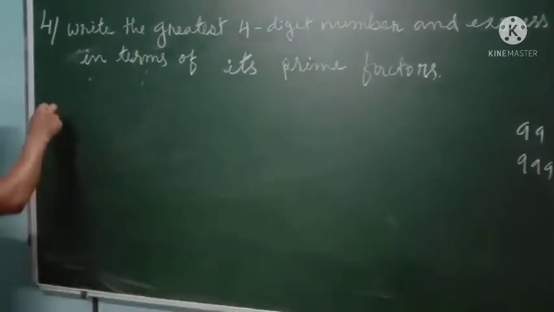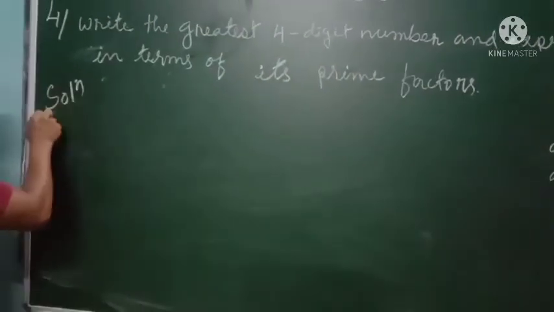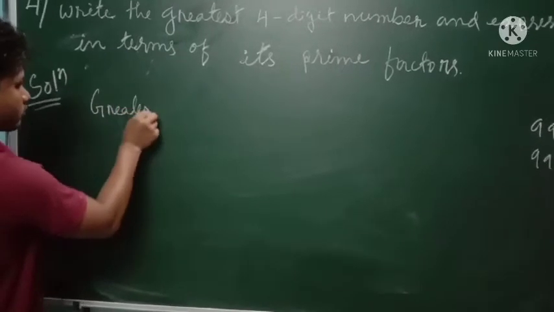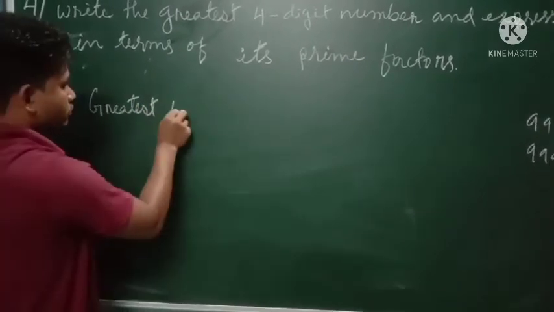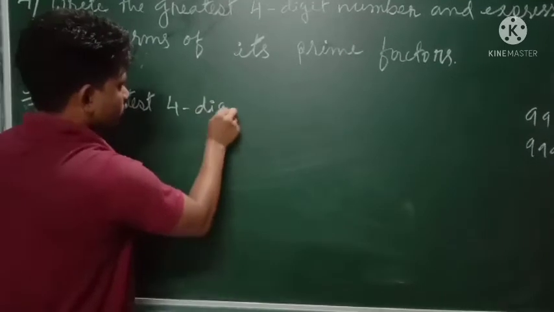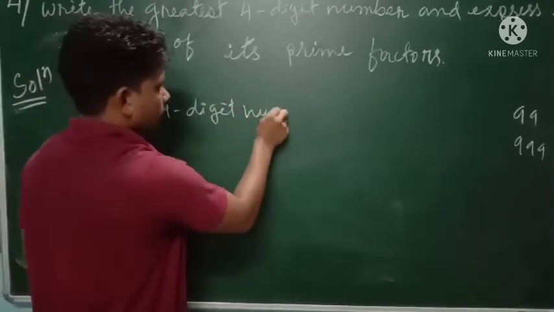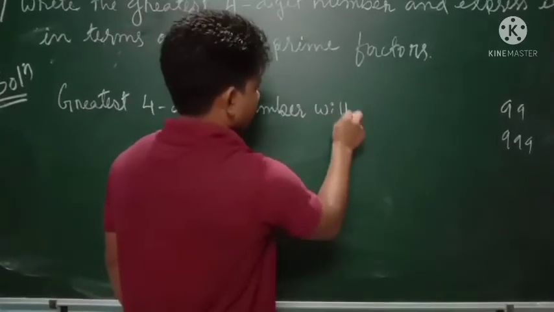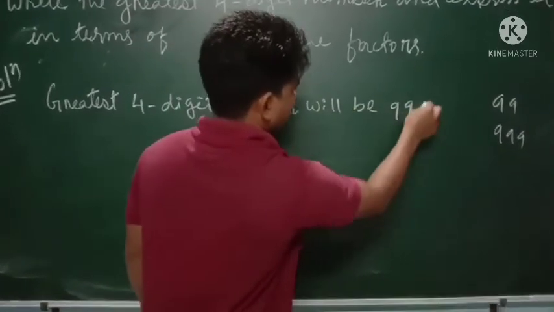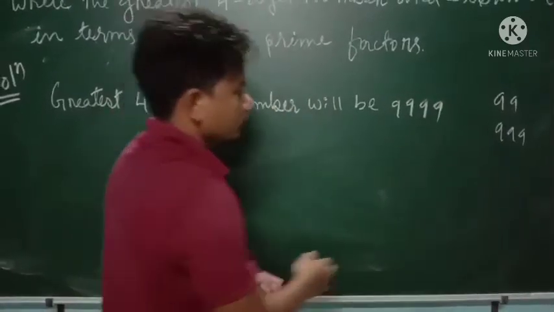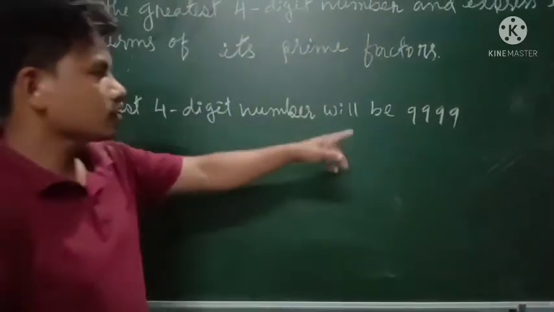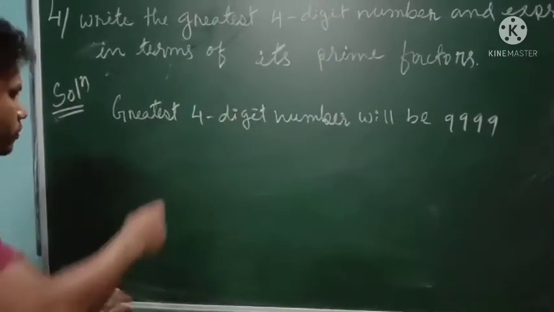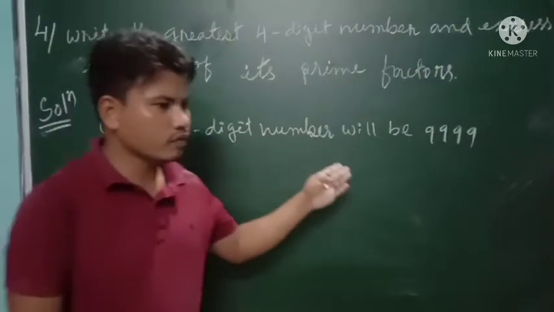So students, in the solution we can write: the greatest 4-digit number will be 9999. From this 9999 we have to find the prime factors.